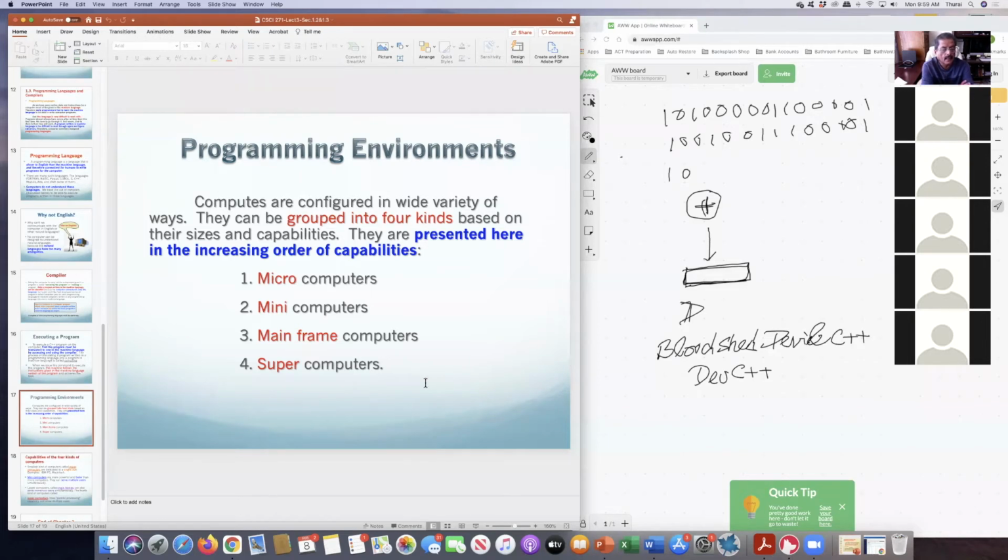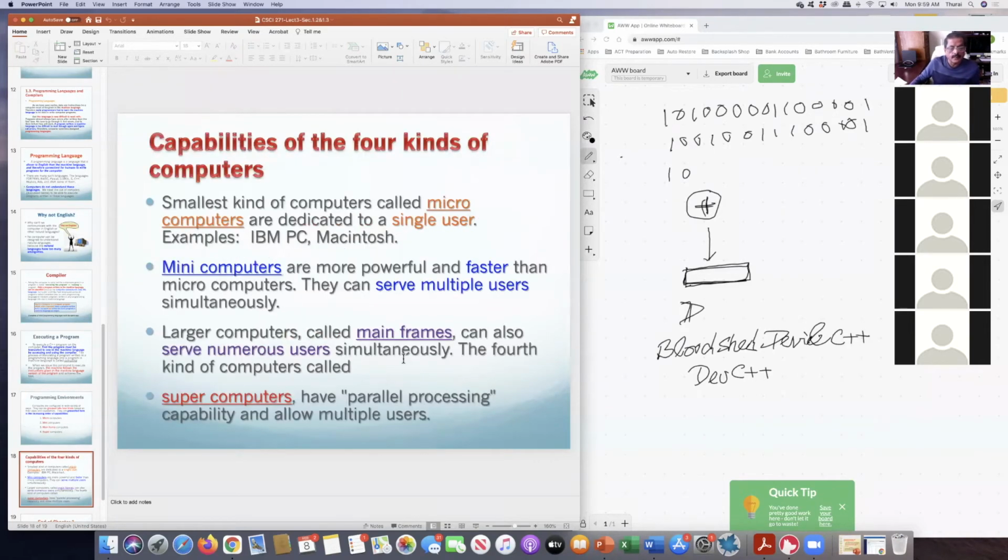All right, so going on to supercomputer, the main difference between supercomputer and the other computers would be multiple processors. It has several processors, so it can do parallel processing. Parallel processing means processing many programs at the same time.